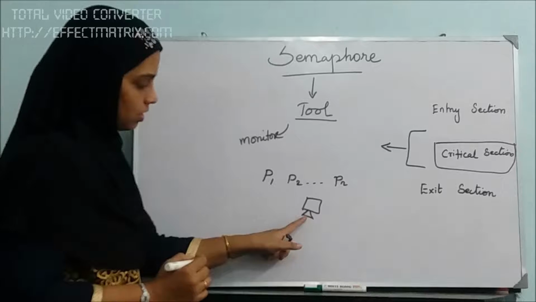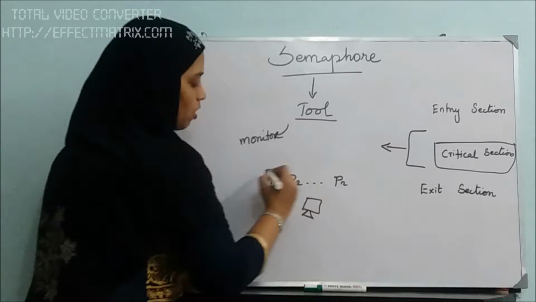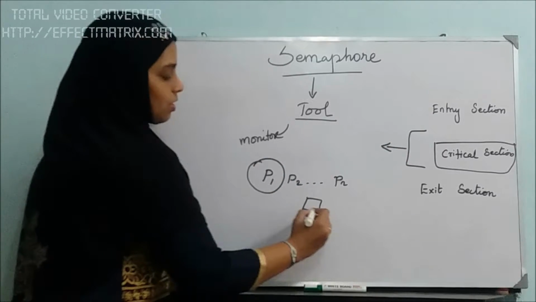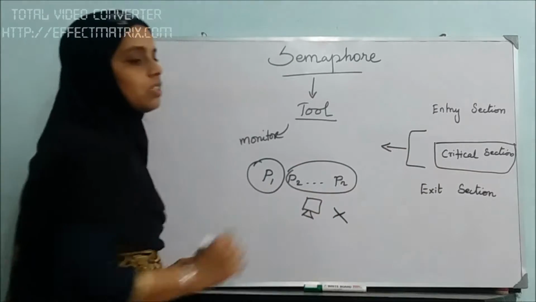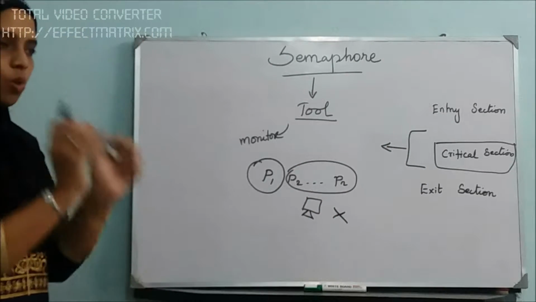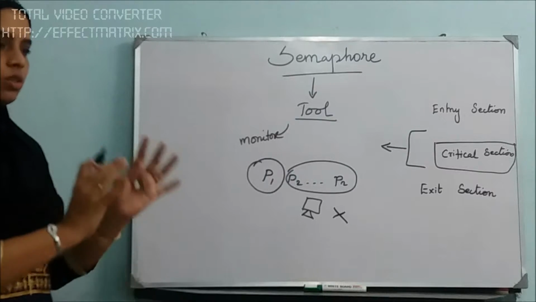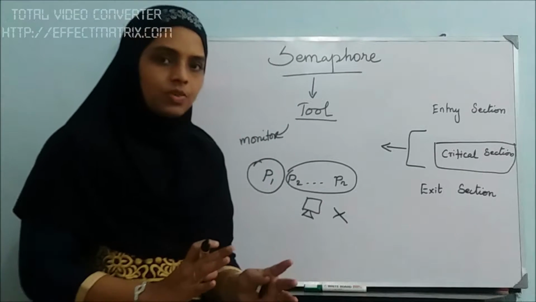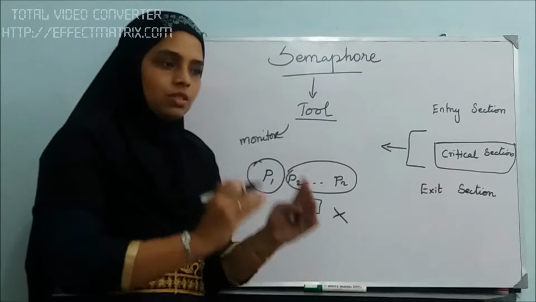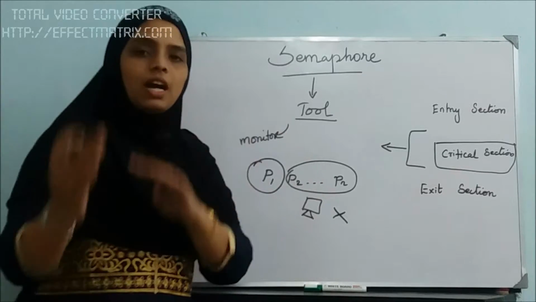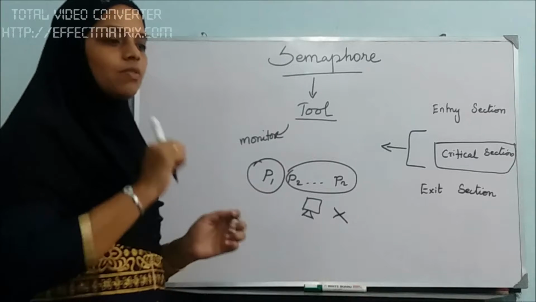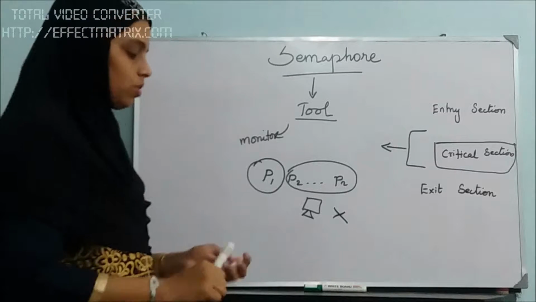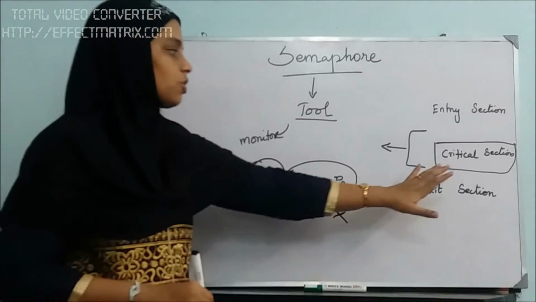Whenever the system executes the critical section of a particular process, the system should not allow any other process inside the critical section. At a time, it must execute only one process. That is the critical section problem.